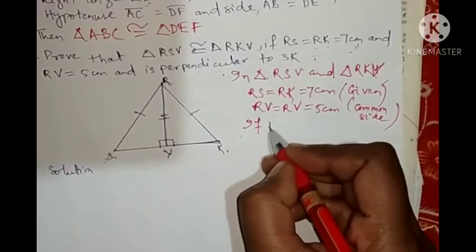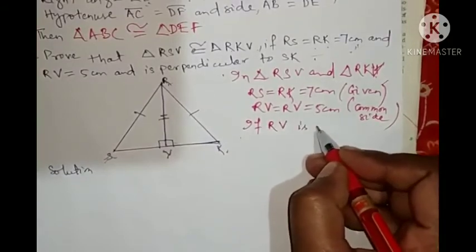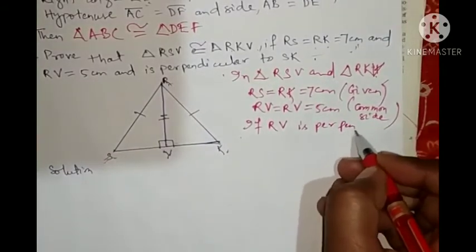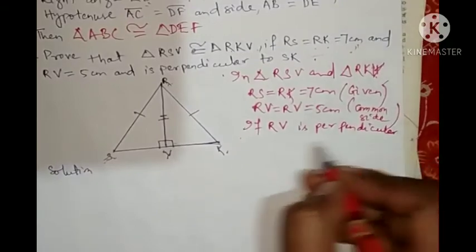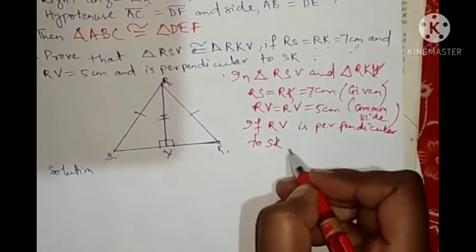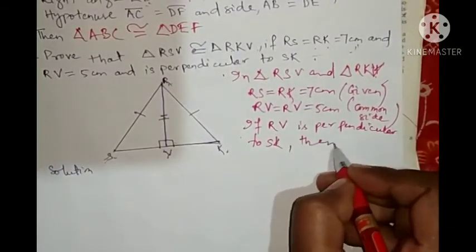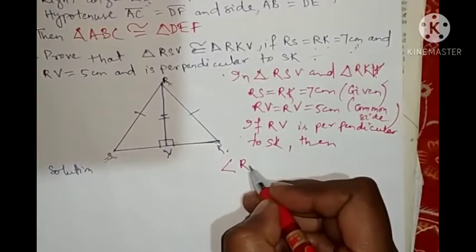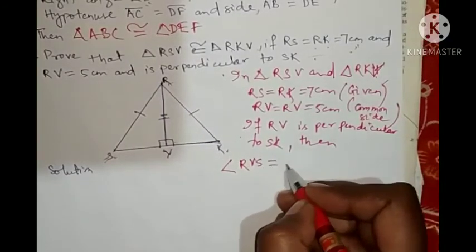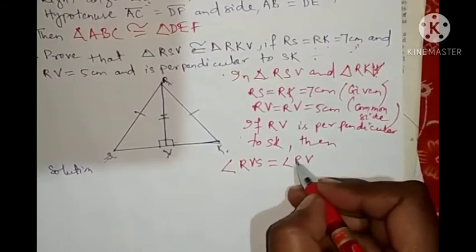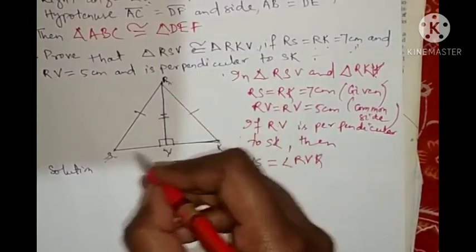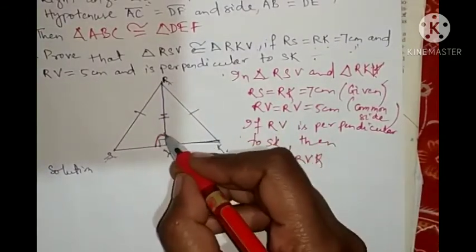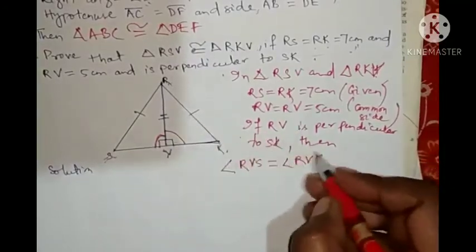If RV is perpendicular to SK, then angle RVS equal to angle RVK equal to how much?